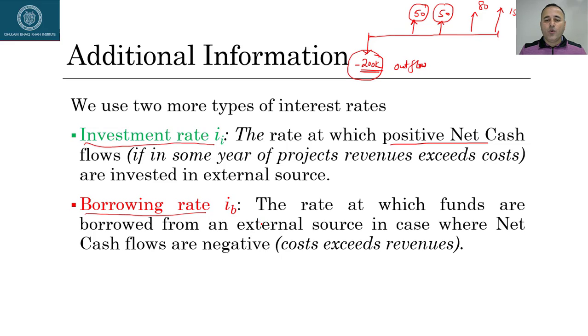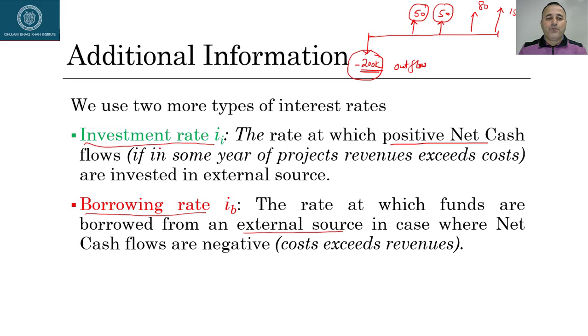We borrow that money from somewhere, either from the capital market through bonds, or we go to the bank and borrow it. So we are using external sources of financing.